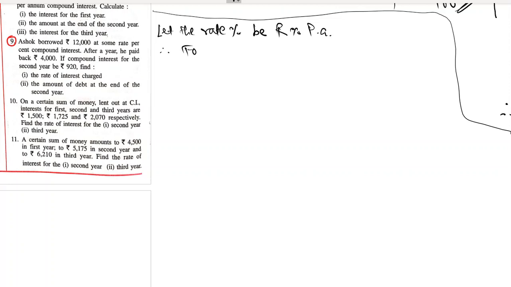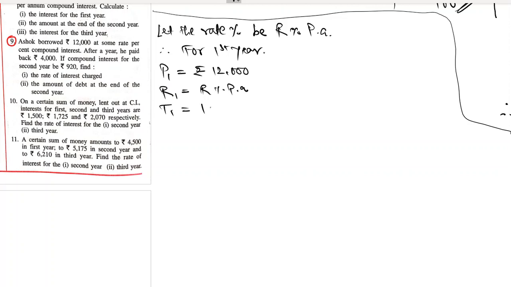Therefore, for the first year, P1 is equal to rupees 12,000. R1 is equal to R percent per annum.